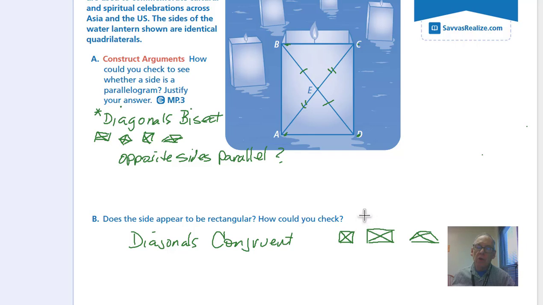In the first two, the diagonals are also bisectors of each other: a perpendicular bisector for the square, bisectors for the rectangle, and we just have one pair of parallel sides for the trapezoid. So are the diagonals congruent? That would be a good check.